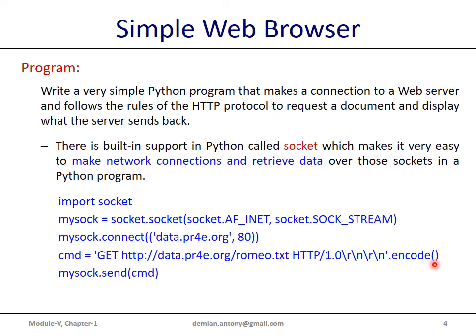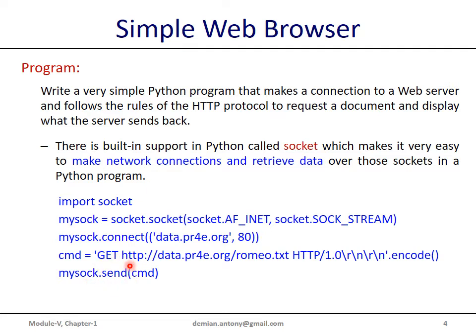encode. This encodes the string representation into a byte representation, and this byte representation is sent to a server. The command, in the form of a byte stream, is sent to a server using a method called send.